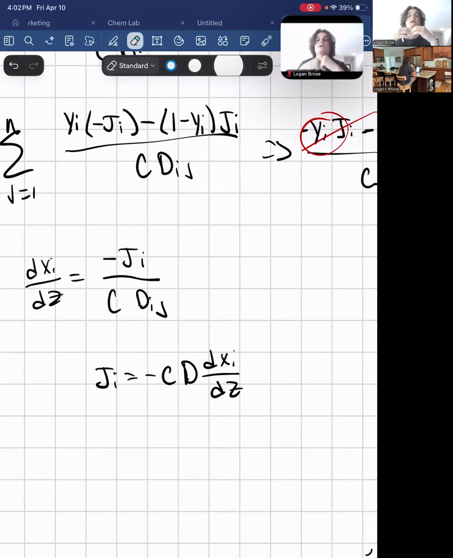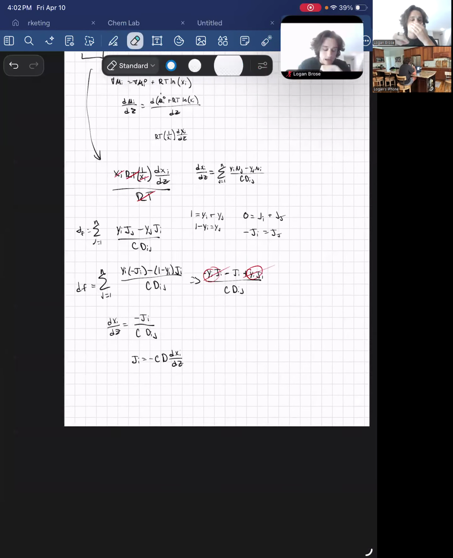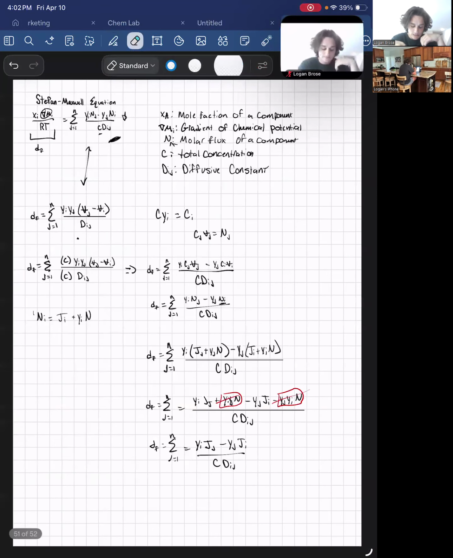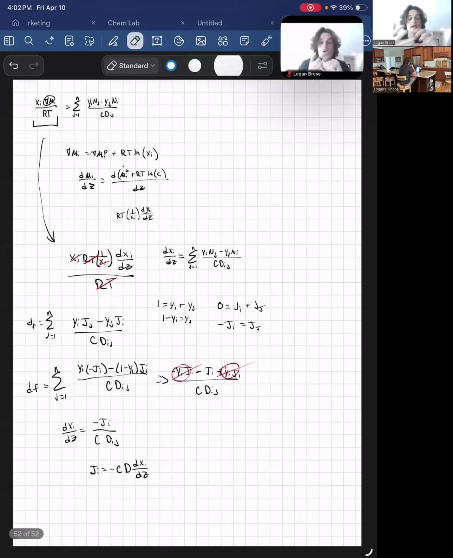And so just by assuming that it's a two-component system and that our chemical potential is at standard state, we were able to simplify Stefan Maxwell's equation down to Fick's law, right? And so that broadens the usefulness of Stefan Maxwell. We know that in different situations it can be adjusted. We adjusted it for velocities. We adjusted it for molar diffusive components. We adjusted it in a two-component system all the way down to Fick's law.